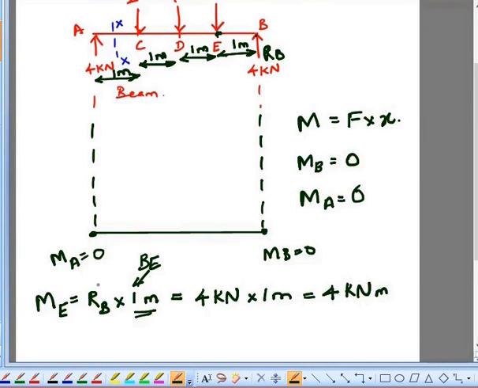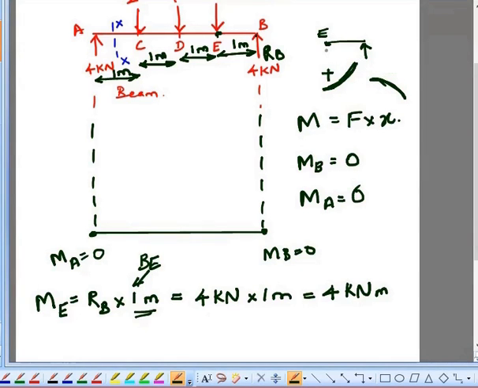Now we have to check whether it is a positive or negative value. If I am considering the point E, and the force is acting in this direction, the beam will bend like this. This shape, curvature, can be taken as a positive bending moment, and if the beam bends like this, it can be taken as a negative moment.